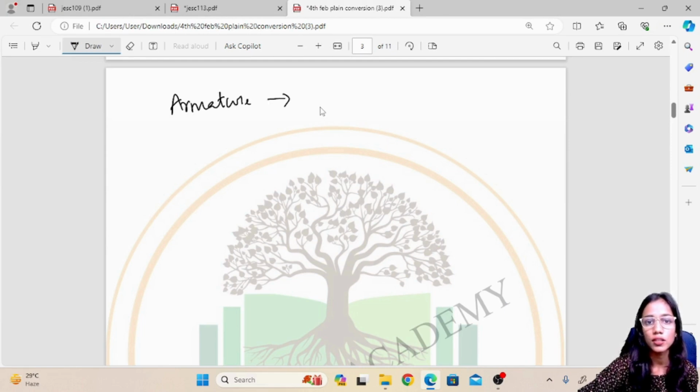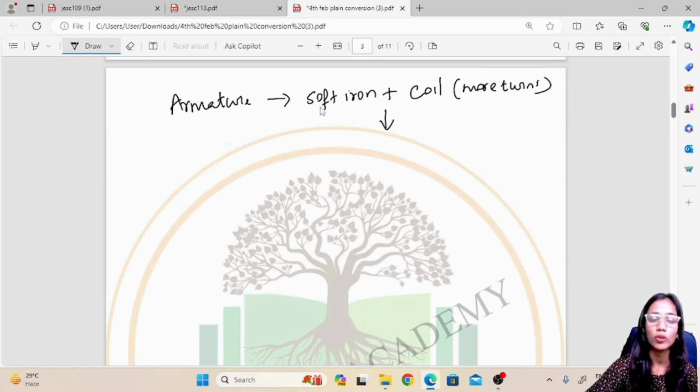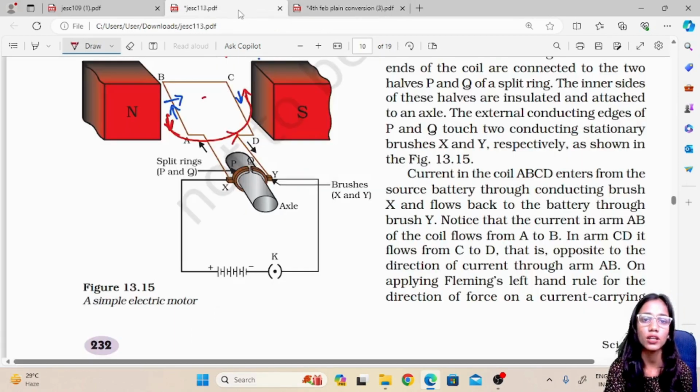It includes the soft iron plus the coil with more turns. And what is the function of this? It enhances the power of the electric motor.